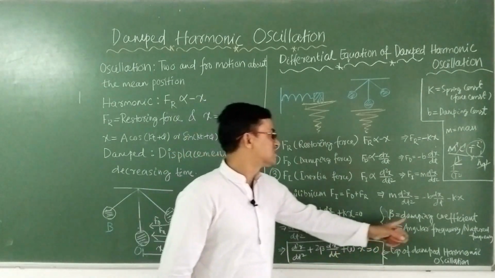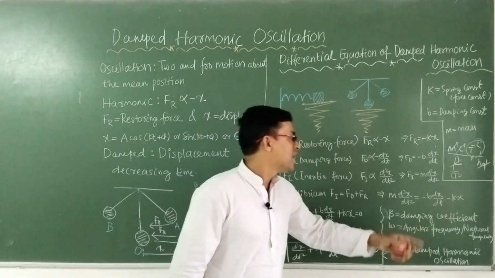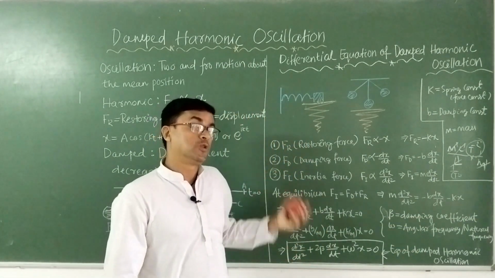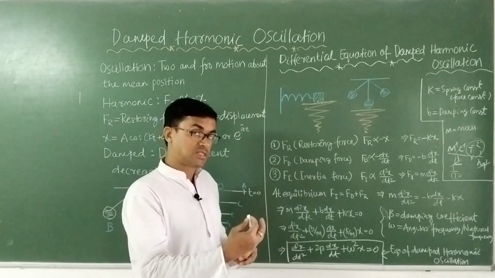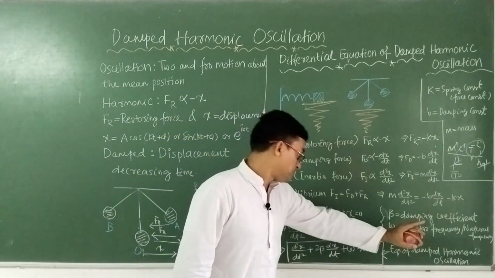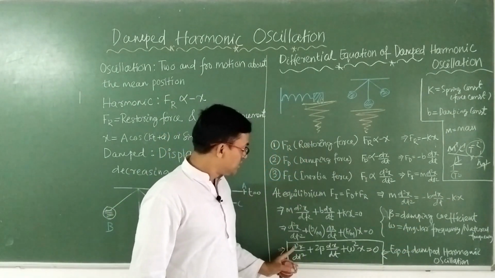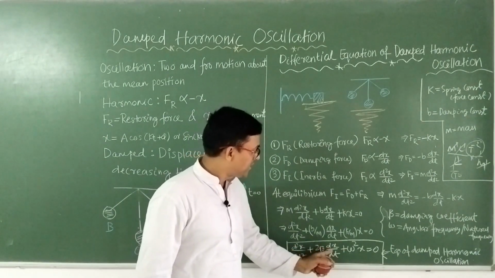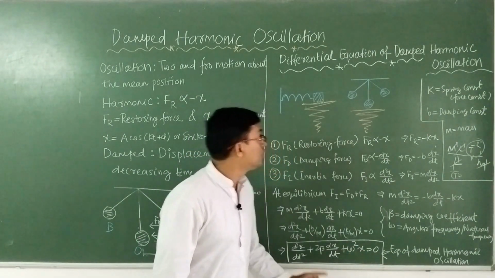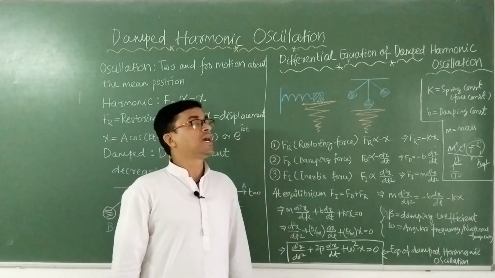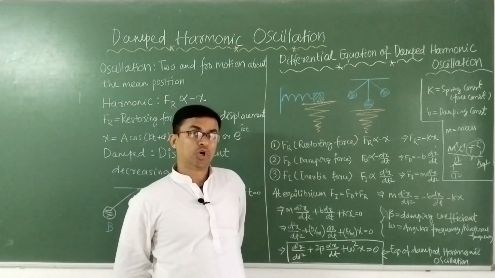So here beta is the damping coefficient, and omega is the angular frequency, or sometimes we call it the natural frequency, which we will discuss in the first oscillations. So the equation d square x by dt square plus 2 beta dx by dt plus omega square x equal to 0 is called the differential equation of damped harmonic oscillation.